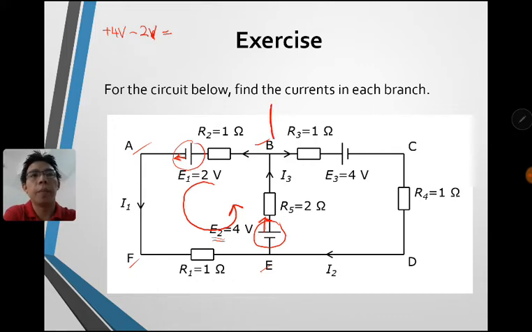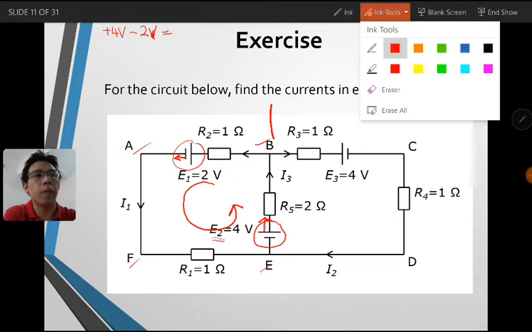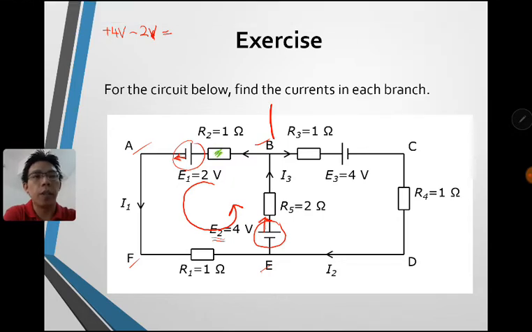On the right hand side, we have all the potential differences. We have three resistors here, R1, R5 and R2. First, let's look at R5. We have I3 passing through it, and I3 is the same as our direction of assumption, so we have positive I3 times R5.